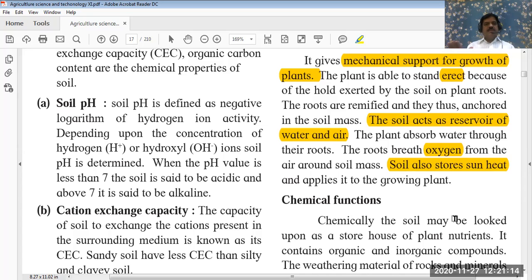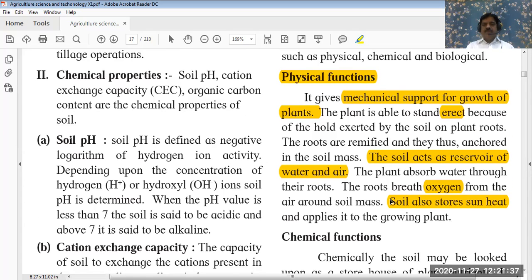In cold, it doesn't become very cold. So the temperature of soil should be, as far as possible, 20 to 35 degrees centigrade. How to maintain that temperature, that we will see later on. Now here this soil works as a store of sun heat and it applies to plant growth.